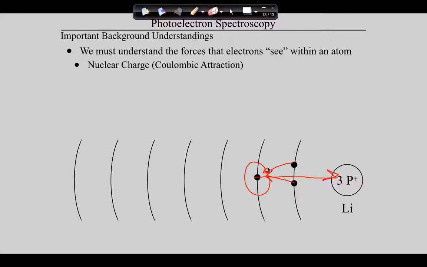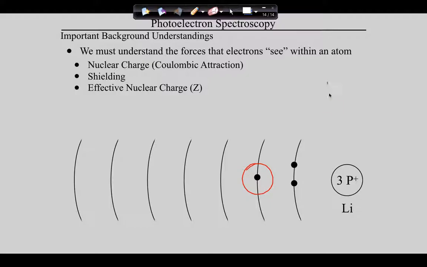And Daniel used the term, but if you're not familiar with this, and I know it's in your notes, this is called shielding. Shielding is the repulsion of the core electrons as it interacts with the valence electrons. So this electron right here is now seeing an additional force. Yes, it does see the attraction of the nucleus, but it also sees the shielding of the inner core electrons.